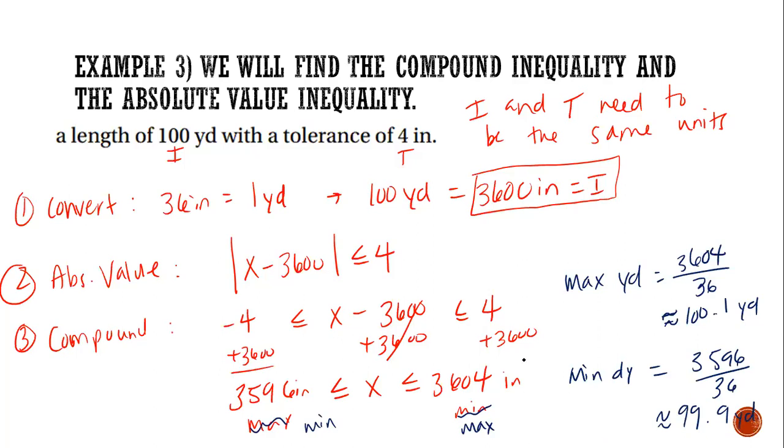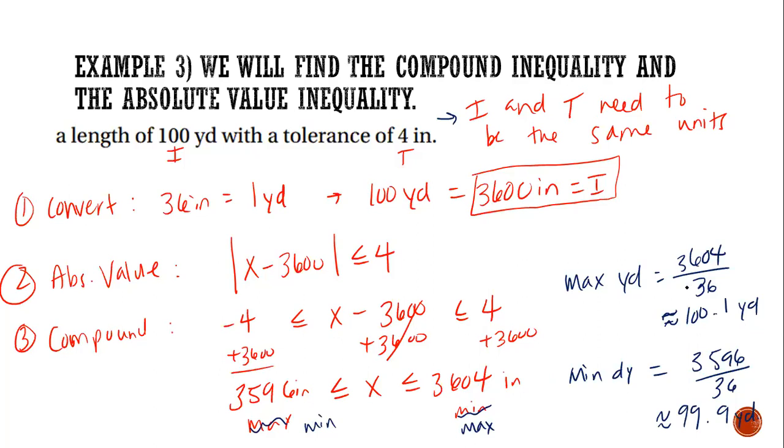So the purpose of this problem was to show you to be careful when you are looking at your intended value and your tolerance, making note that the units must be the same, and then working the problem like normal. Pay attention if it wants the final answer in inches or in yards. Notice how I have my inches, but if the answer were wanted in yards, I convert it.